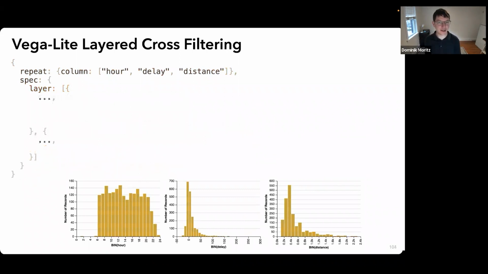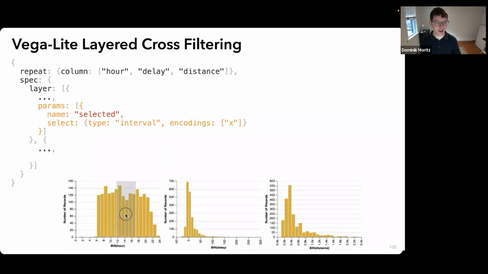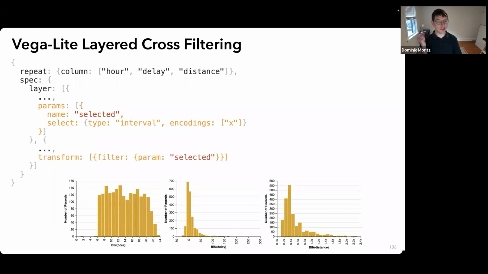Now we can add a selection parameter to the blue chart to have an interval selection projected onto x, so you can just brush along x. Now we can brush, but nothing happens yet. But we can use the selection parameter to filter the data for the second chart. This happens before the binning and aggregation.